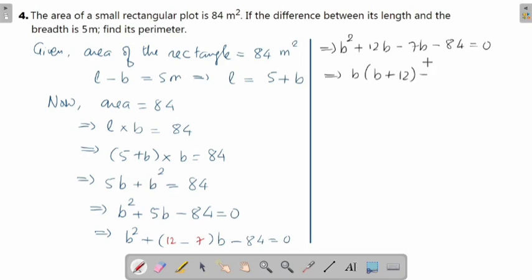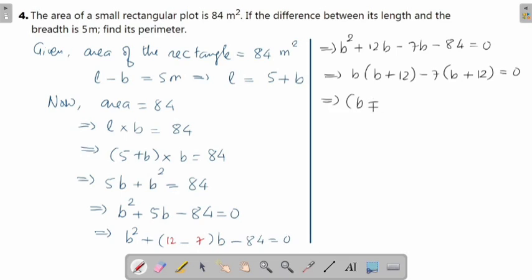So from here you see minus 7 is common, so when you take 7 outside, you are left with b. Now when minus comes out, you know this minus becomes plus. Now from 84, 7 is gone, so you get only 12, right? So 12 is equals to 0. Now you see b plus 12, b plus 12.